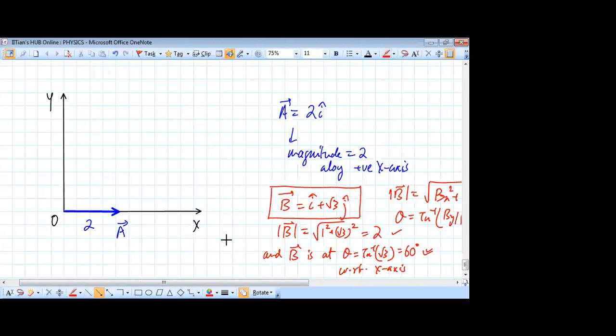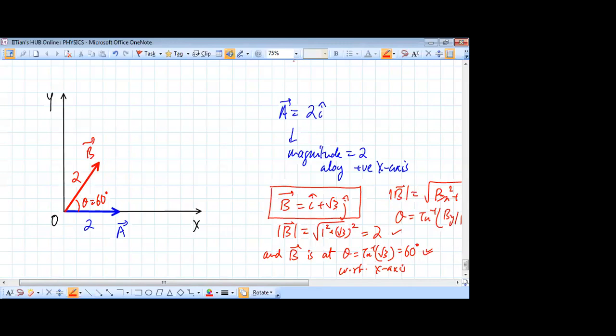Vector B will be along this sort of direction. So vector B will also have a magnitude of 2, but it will be at an angle of 60 degrees with respect to x-axis. Okay.